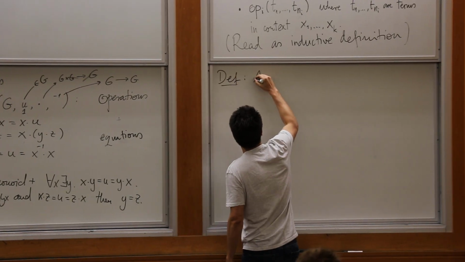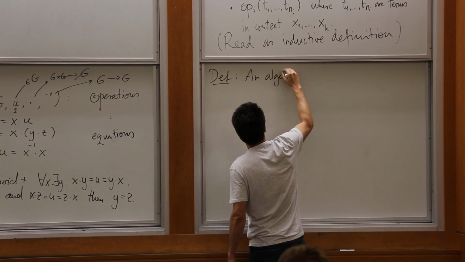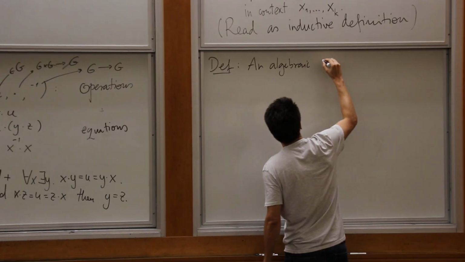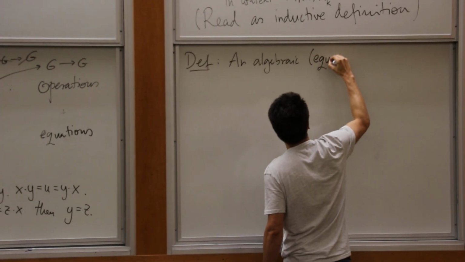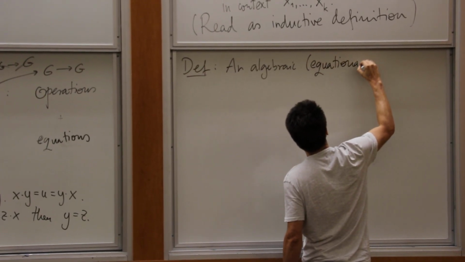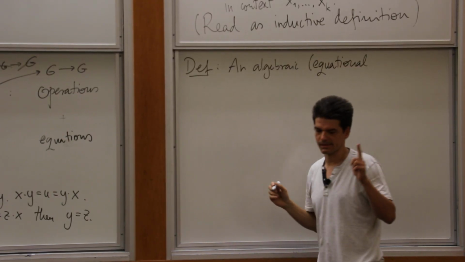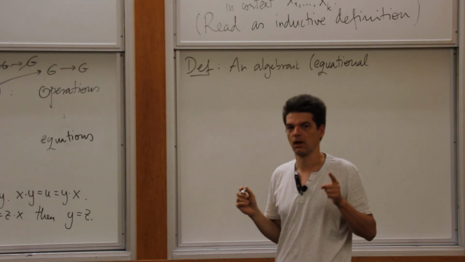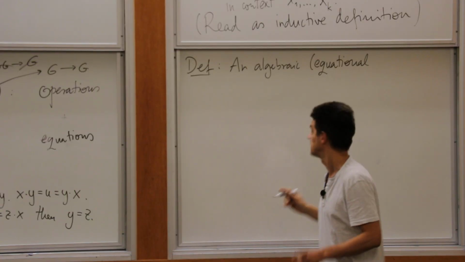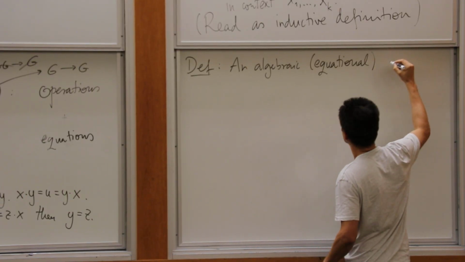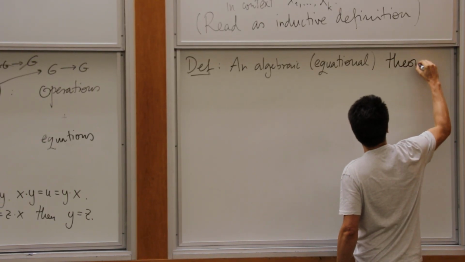Definition: an algebraic theory, sometimes also called an equational theory. A related concept is a Lawvere theory, but it's not quite the same, so let's not call this that, but it's a theory.